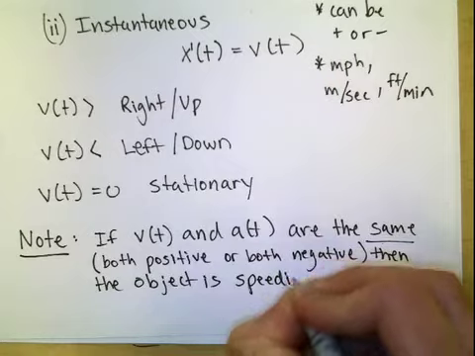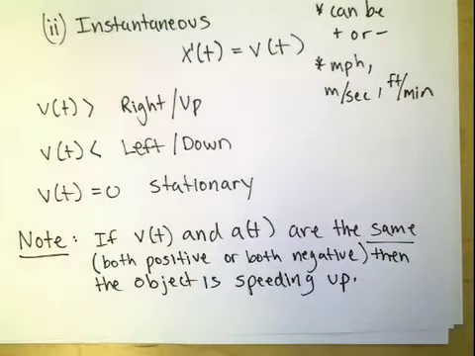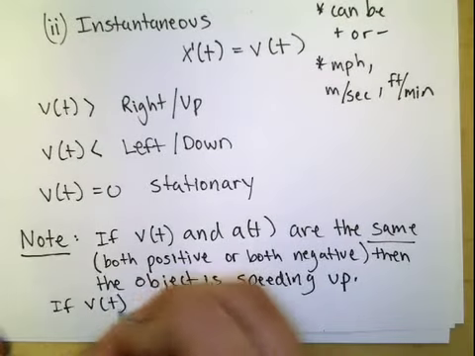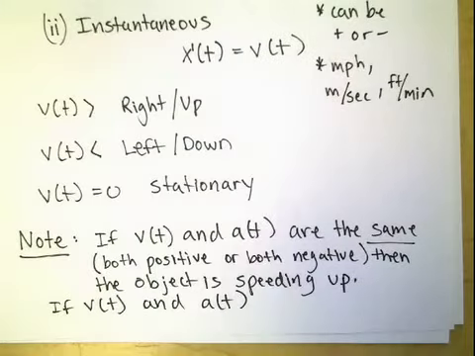If velocity and acceleration are working together, they're both positive or they're both negative, then the object is speeding up. If velocity, v of t, and acceleration, a of t, have different signs and they're working against each other, then the object slows down.